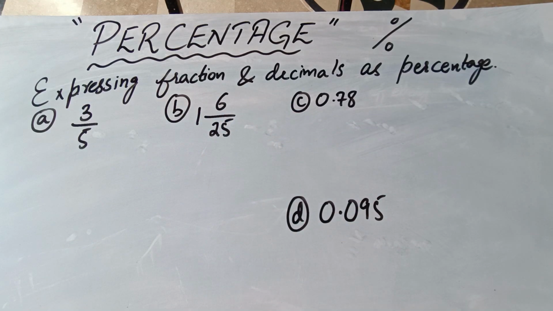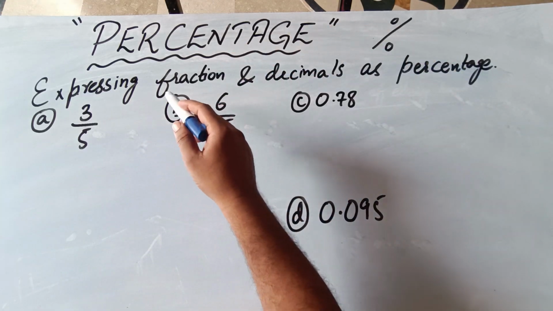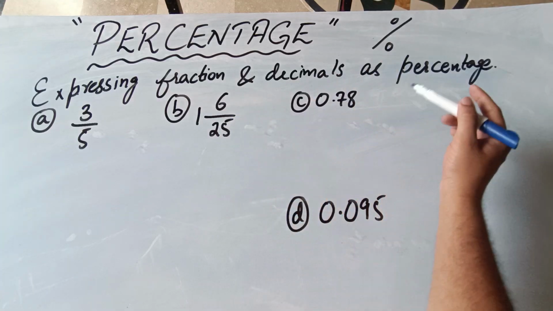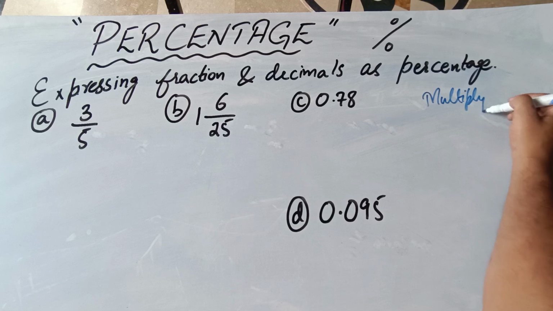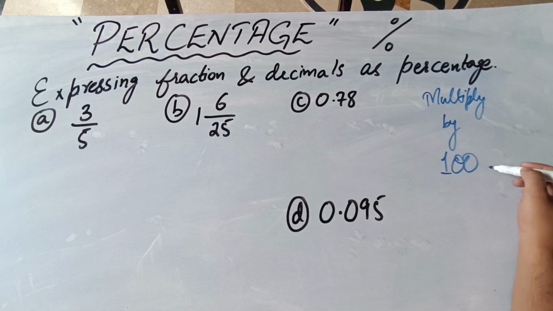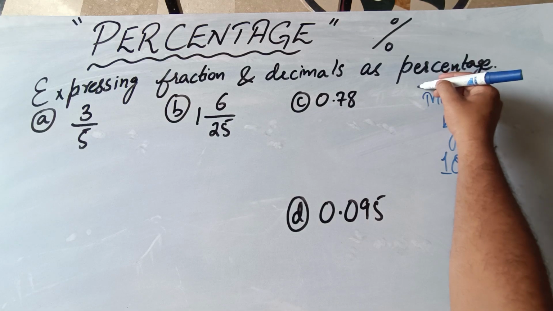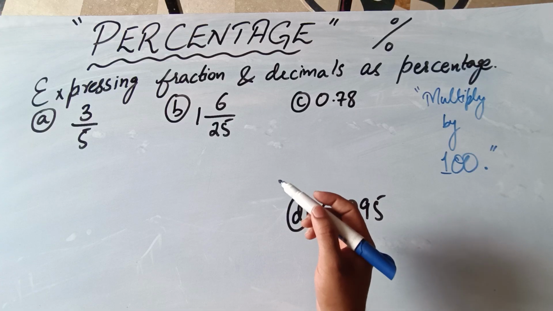So the basic and very important key point which I am writing here is: whenever we need to convert any other form into percentage form, we multiply by 100. This is a very key point. Do not forget it. If you keep this point in mind, you will not have any problem.